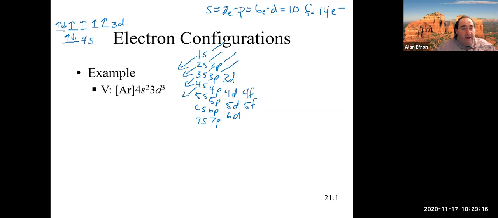Now, as you may also know, perhaps, when we do start to fill the d orbitals, there's actually a switch in terms of the energy. And what ends up happening after we start filling those orbitals with electrons is that the S actually becomes higher in energy than the d orbitals.